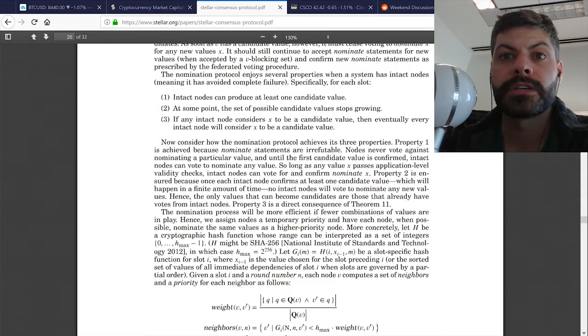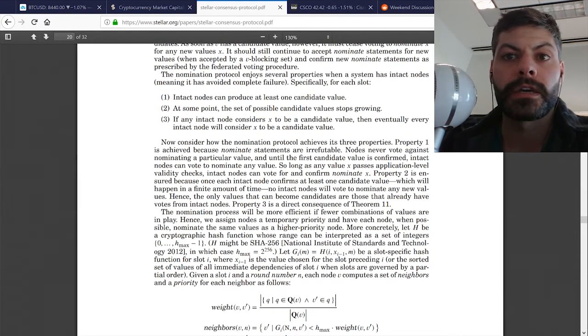H might be SHA-256, in which case h_max equals 2^256. Let the function g_i(m) equal H(i, x_{i-1}, m) be a slot-specific hash function for slot i, where x_{i-1} is the value chosen for the slot preceding i, or the sorted set of values for all immediate dependencies of slot i when slots are governed by a partial order.